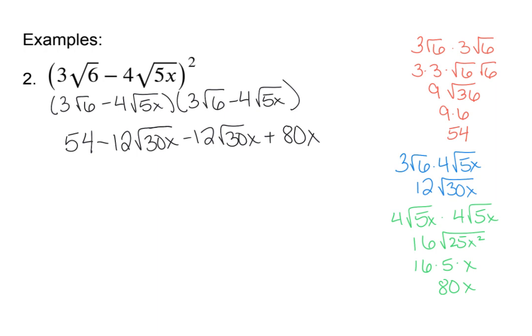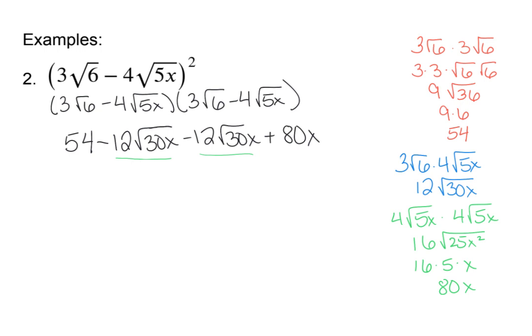At this point, we've done all the multiplying. Now we're looking to see if there's any like terms we can put together. And I see that this guy has a root 30x, and this guy has a root 30x, so we can put those together. Unfortunately, this right here is a regular 54, and this is an 80x. Since he's got an x and he doesn't, we can't put those together.